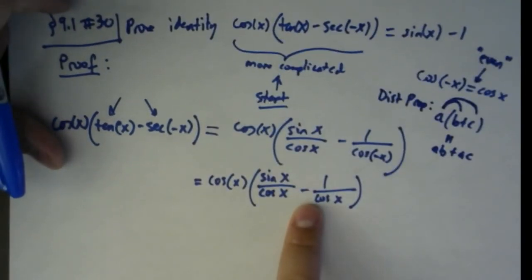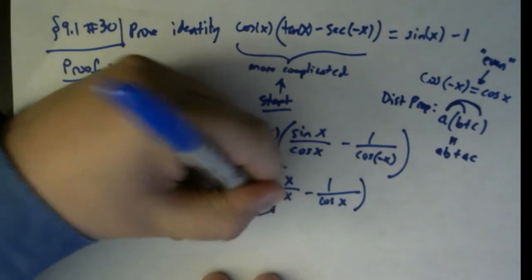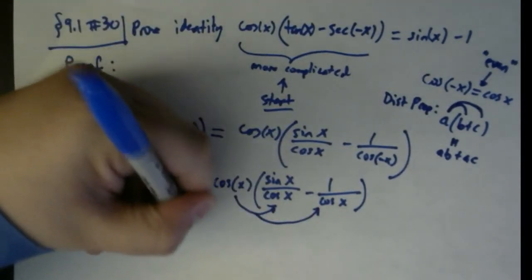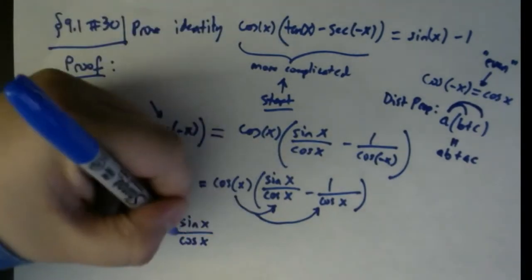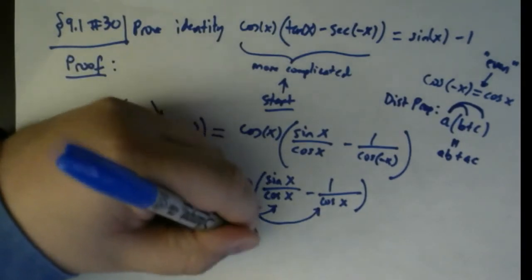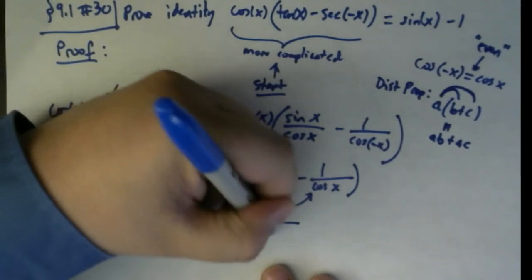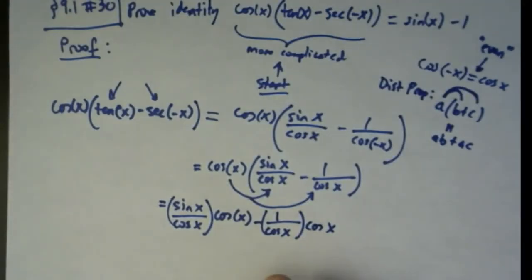That minus sign makes it really a difference, but subtraction is really just adding a negative. So I'm going to distribute that cosine into both terms, and so I get sine x over cosine x times the cosine x, and the minus sign, and then I get 1 over cosine x times cosine x.